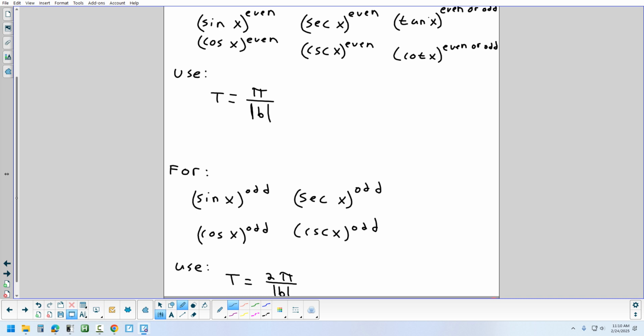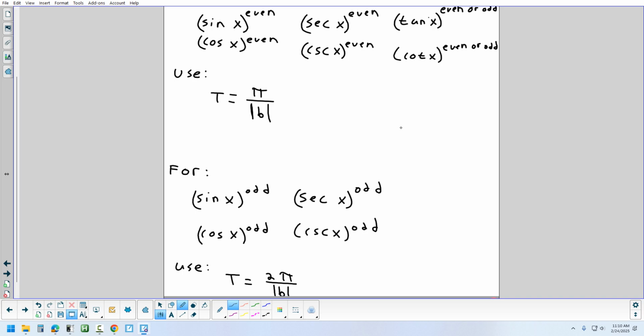Cosine to the first power, that's odd. Tangent and cotangent, it doesn't matter whether the power is even or odd. We use pi over b to find the period for tangent and cotangent, and we'll continue to do that no matter what power you have. Remember, b is what's in front of the x. So b is the coefficient of the argument.